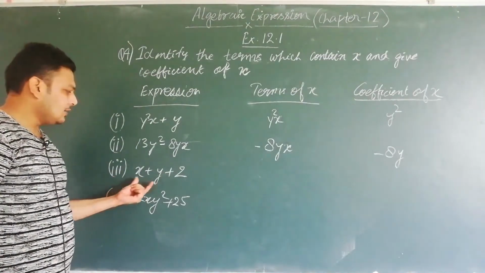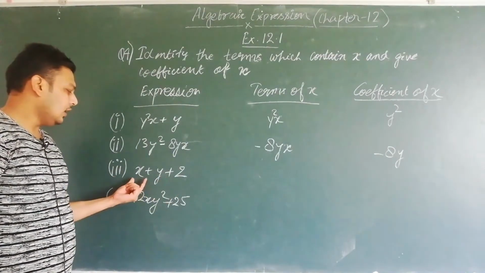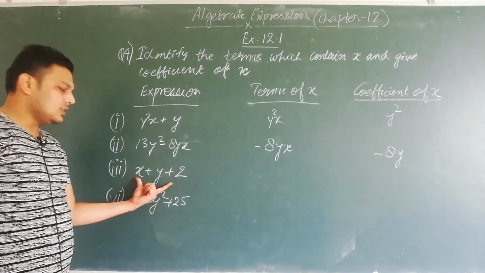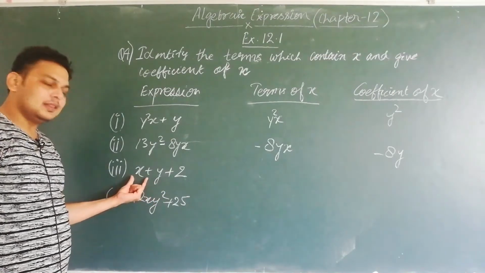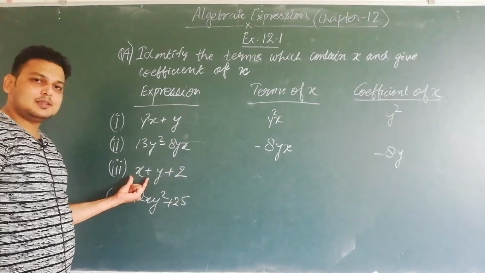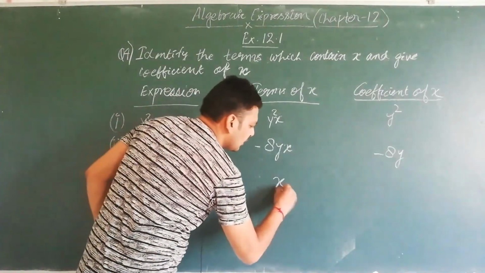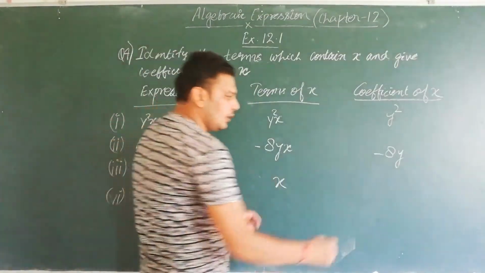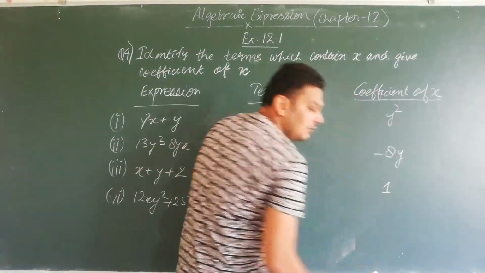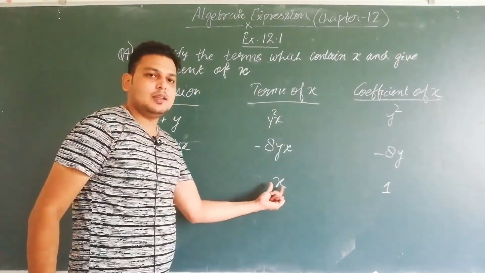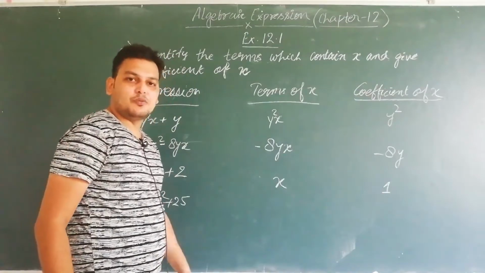Third part, x plus y plus 2. Here the expression is having three terms, and the term which has x is simply x, and the coefficient of x over here is 1. If there is nothing, it is having 1 as coefficient.